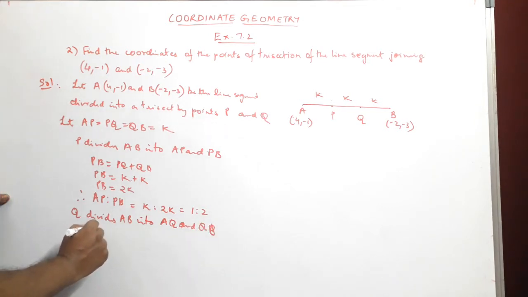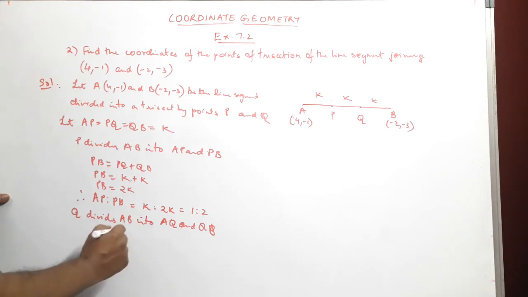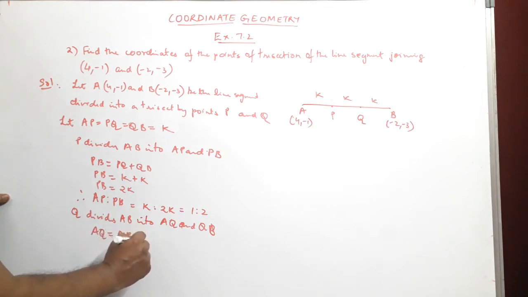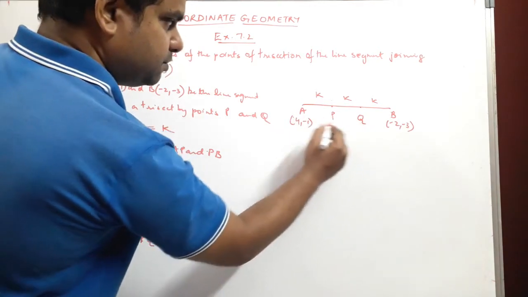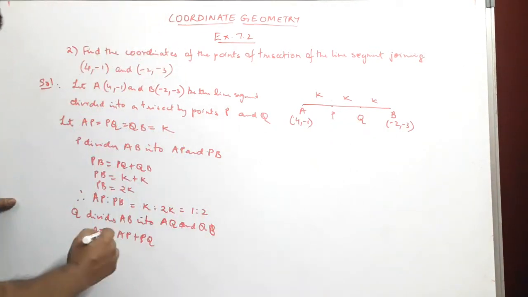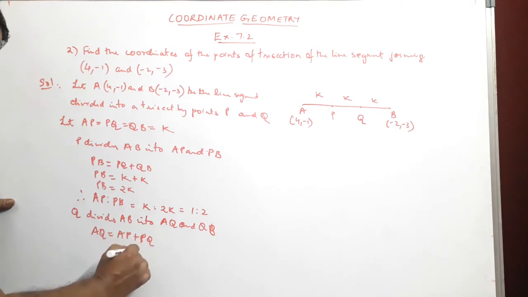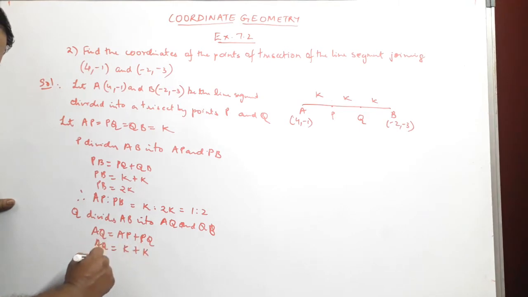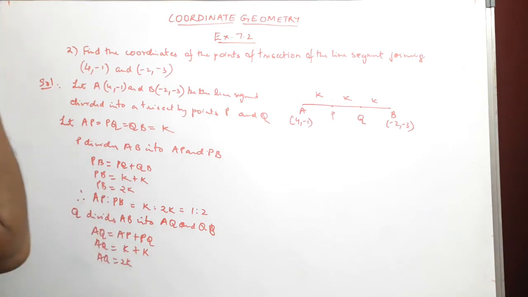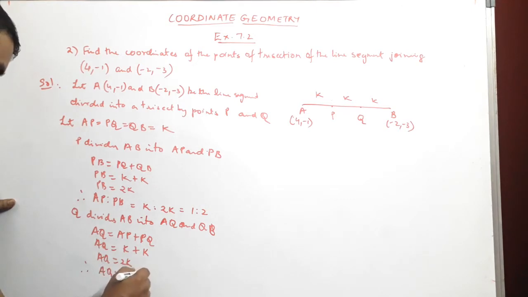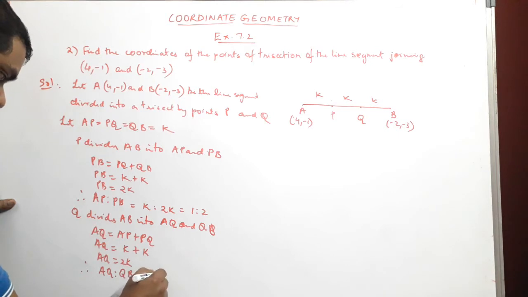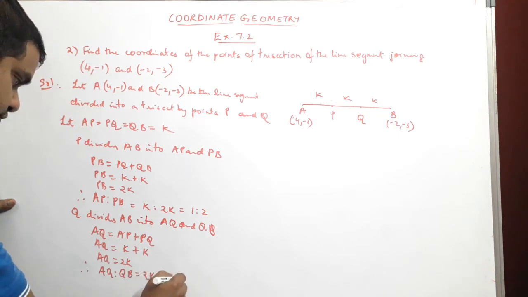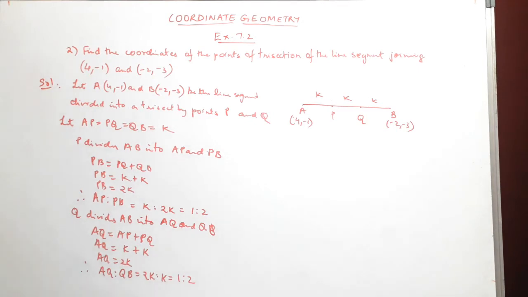AQ can be written as the sum of AP plus PQ. AP is K and PQ is also K, so AQ equals 2K. Therefore AQ is to QB equals 2K is to K, which can be written as 2 is to 1.